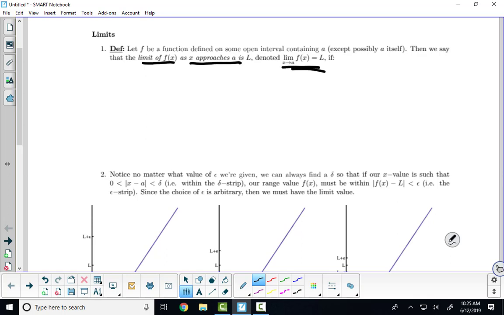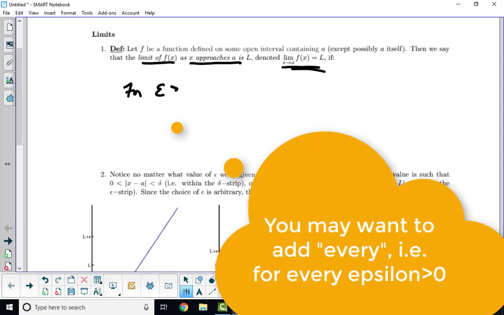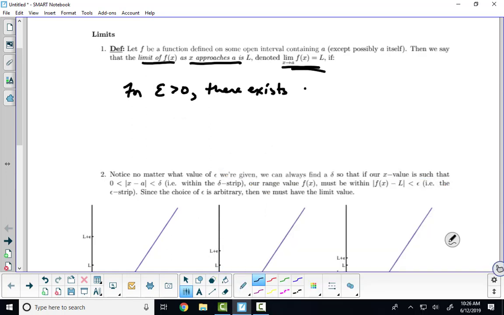We've been using this notation all along, but if you remember, when I first gave this definition way back in section 2.2, we said if as x gets closer and closer to a, f of x gets closer and closer to L. Well, that closer and closer explanation isn't a good explanation. So now we're actually going to define this correctly. So we're going to say if for every epsilon greater than 0, there exists a delta greater than 0.